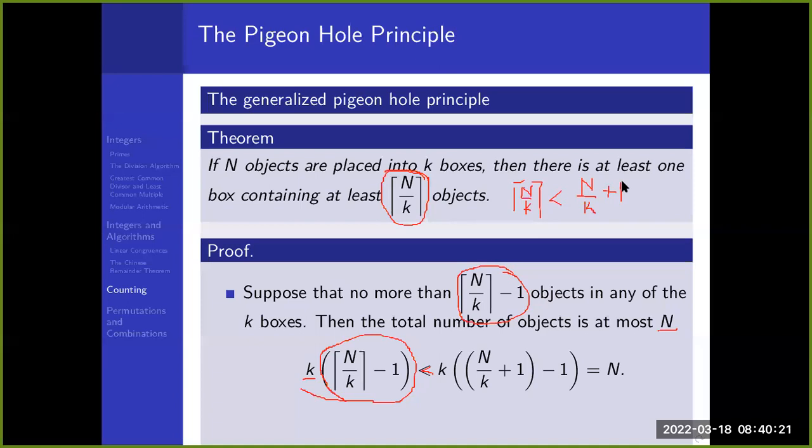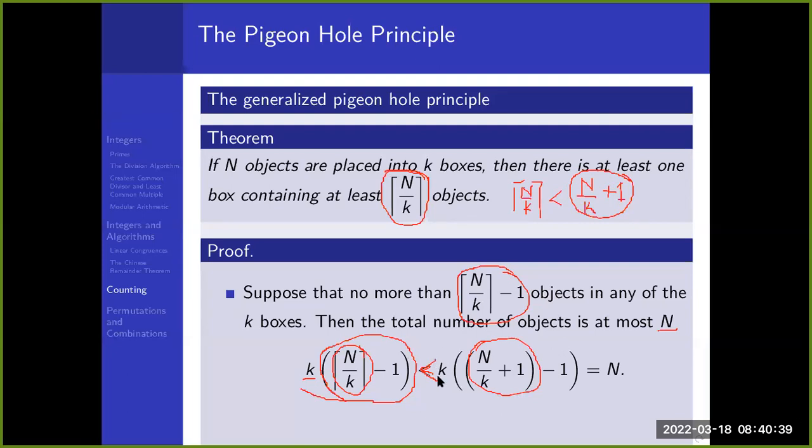This is always true. So if we replace this n over k by something which is larger than this, then we end up with this less than or equal sign here. It becomes an inequality.